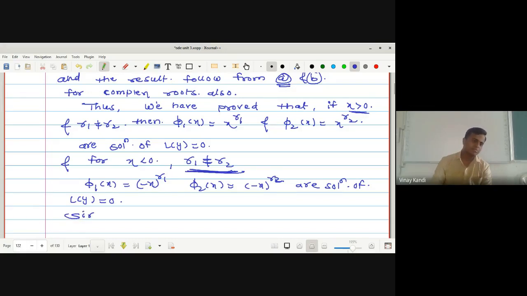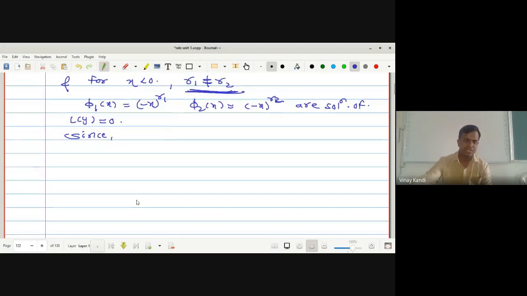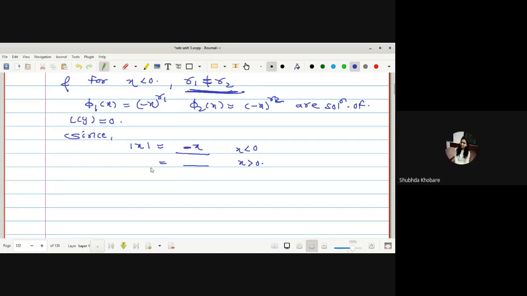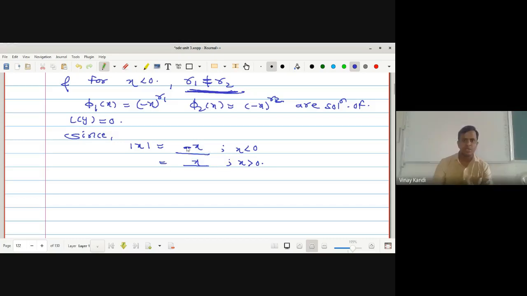Okay, since mod x डिफाइन कसं केलेलं आहे फंक्शन, mod x is equal to x less than 0, x greater than 0. Tell me the values of mod x. कसा डिफाईन करतो मॉड एक्स? एक्स लेस देन 0 असताना काय असेल? हा मायनस एक्स. आणि एक्स ग्रेटर देन 0 असताना काय असेल? प्लस एक्स. ओके, since mod x is equal to minus x when x less than 0 and x greater than 0 असताना तो काय असेल? x असेल.